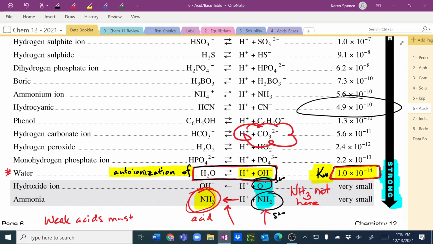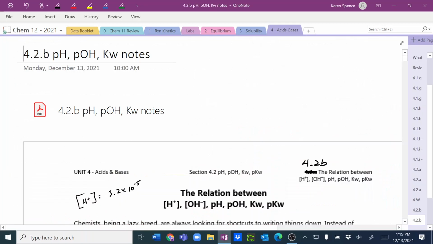KW gets its own name because we use it so frequently, because we will use it to convert between concentrations. If we know a hydrogen ion concentration, we can calculate hydroxide. If we know hydroxide, we can calculate hydrogen. We use it all the time, so it gets its own little name, KW. But it really is just a Ka for water.